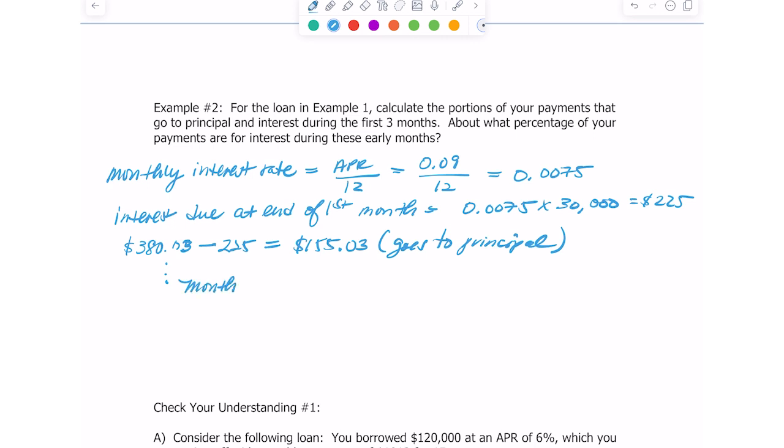So month 2 is $156.19 that will go towards the principal. And then for month 3, it's going to be $157.36 that goes towards the principal. Okay, and there's a table in section 4.8 in the text that you can look at if you are interested in figuring out those calculations.